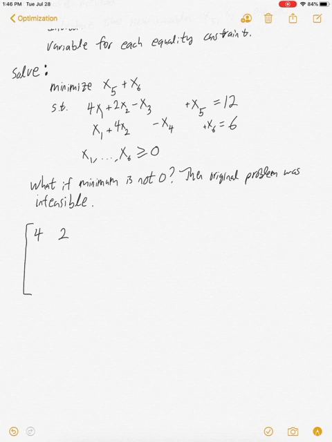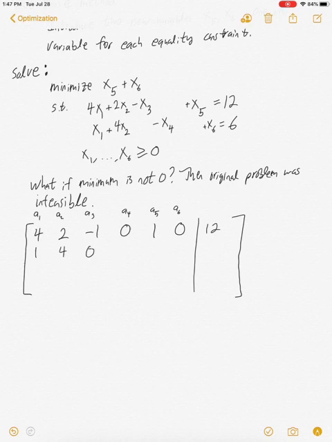So our first equation was 4x1, 2x2, negative 1x3, no x4s, 1x5, and no x6s. Maybe let me label these columns. And that sum was supposed to equal 12. And then if we look at the second row, we have 1x1, 4x2, no x3, negative 1x4, no x5, and 1x6. And that's supposed to give us 6.